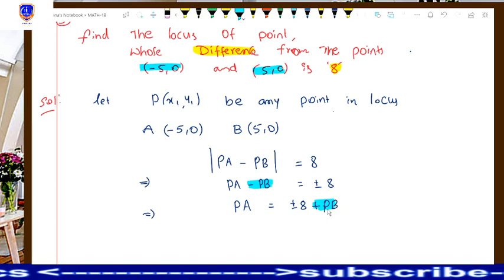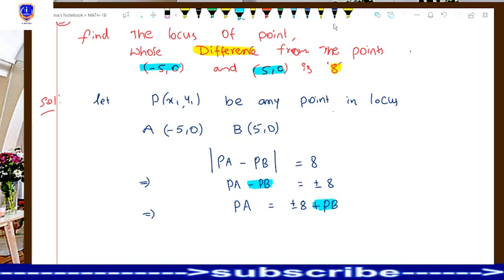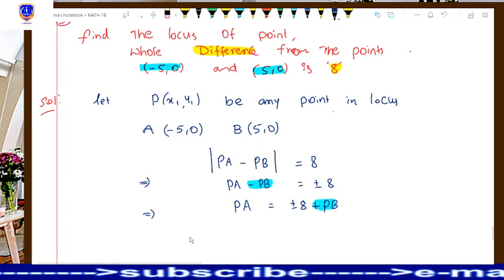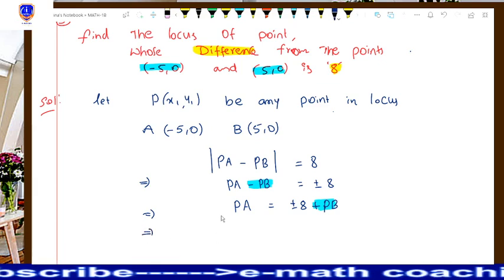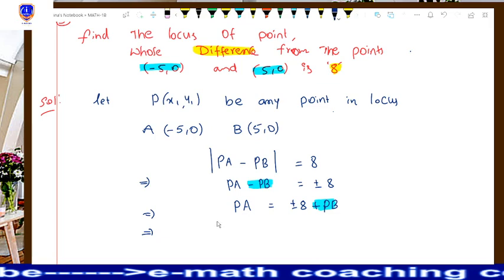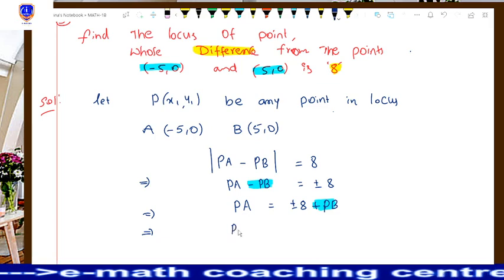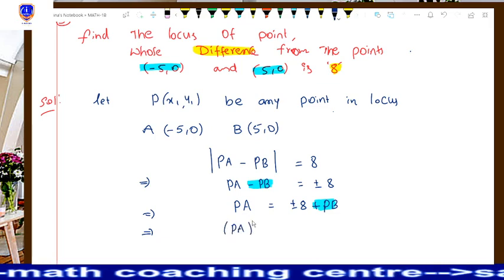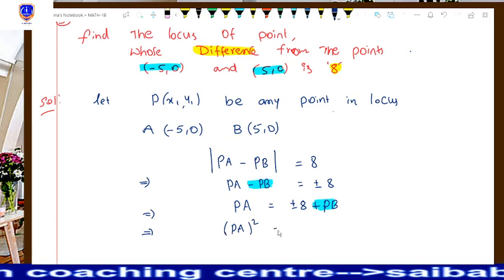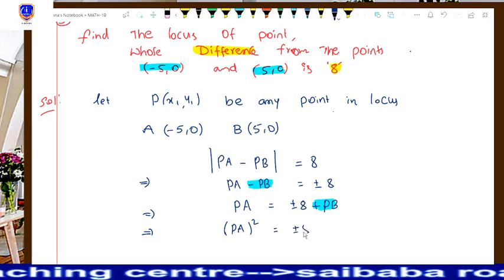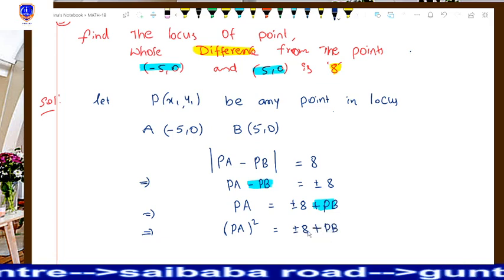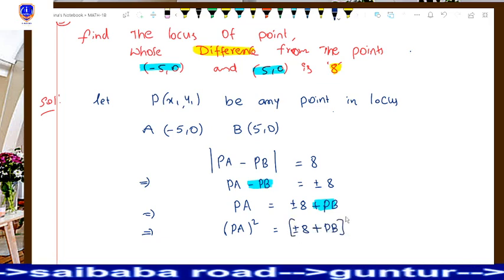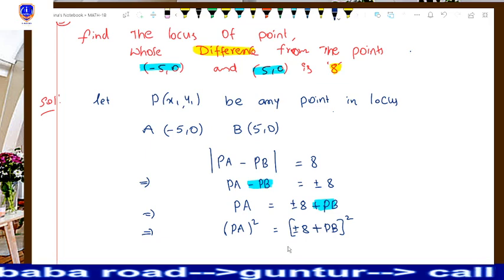A negative quantity becomes a positive quantity. That is, minus PB is transformed to plus PB. Now, for getting the next step, we have to do whole square on both sides, like this.